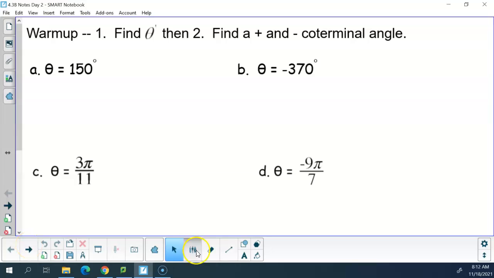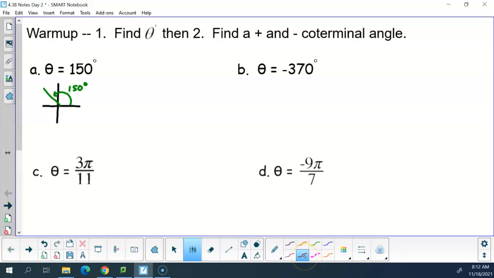I always think that it helps to draw yourself a quick little sketch of where the angle actually is. Agree? So what's my theta prime? 30. Yep. My reference angle is 30 degrees.